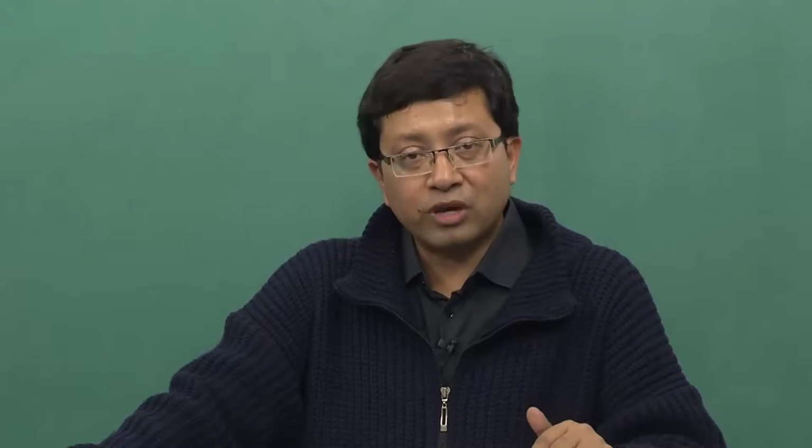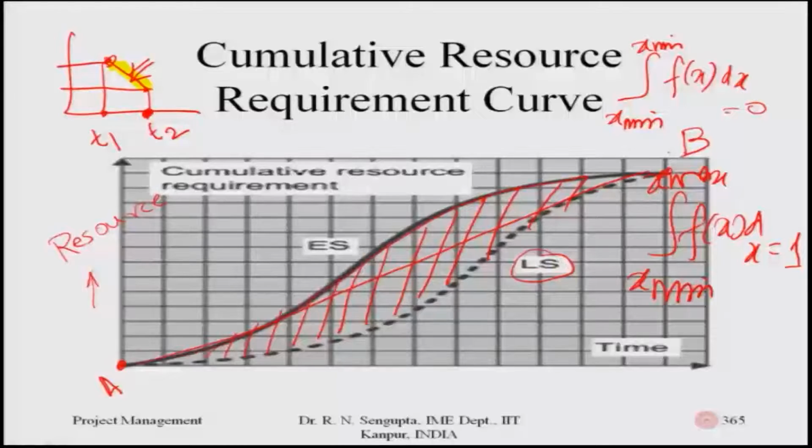So, the graph which you have in front of you in the 365th slide considered the early start and the late start concept, considering that one job B can only start after job A is finished. If you consider all the 4 concepts in the picture, you could have different ways of interpreting the cumulative resource requirement curves and how the crashing concept can be considered in a very simplistic manner.